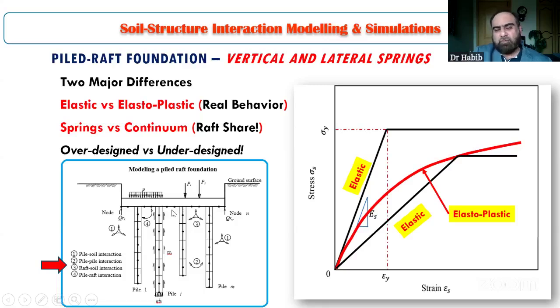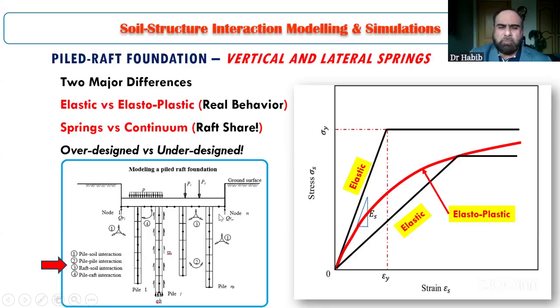If it is placed on soil, definitely it will have its own stress contribution to the different pile foundations. And one pile and the other pile are also interacting with each other unless we have a very high spacing among the piles, which is not usually the case. So these are the two major differences I have highlighted for the raft foundation.